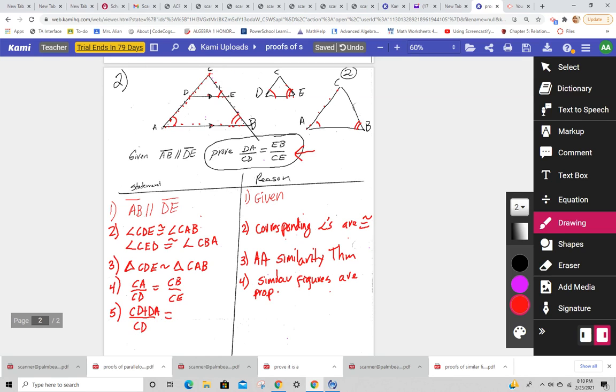Because CB, that's the same thing as CE plus EB. And we won't change the bottom. Okay, and that's just segment addition.